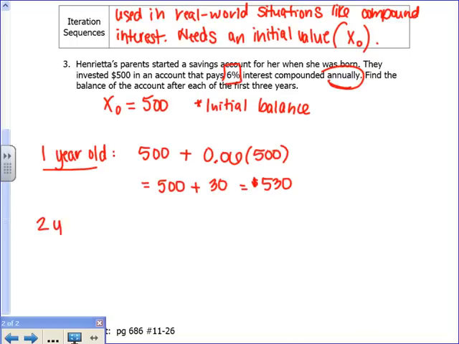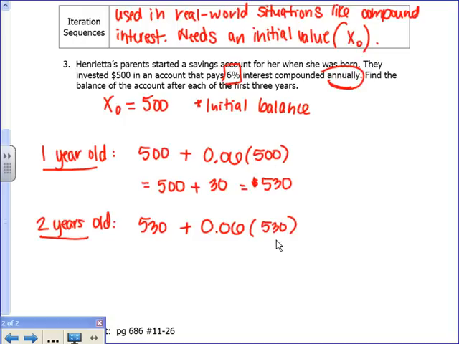How about when she turns 2? So we're finding the balance of the account after each of the first 3 years. Now, do you think it's just going to go up by $30 again? Is it going to be $560? Let's check it out. So the balance now is $530, and we're going to add to it again a 6% raise. So 0.06 times the balance of 530. So now notice, we're not multiplying by 500 anymore.